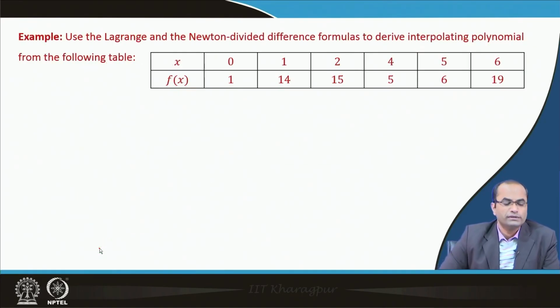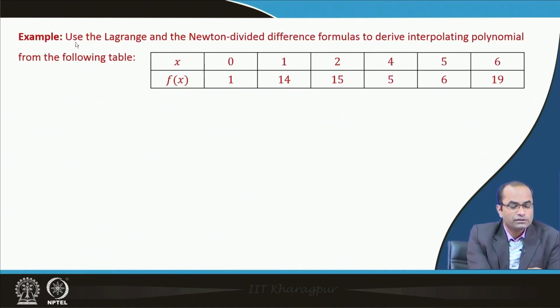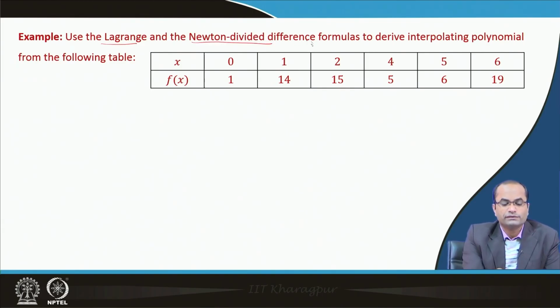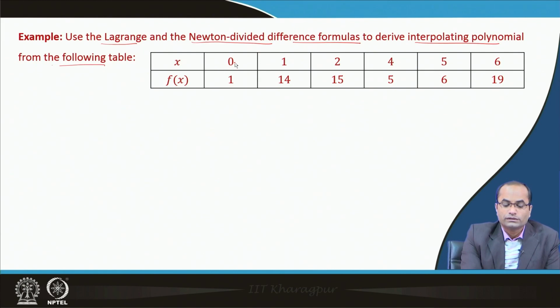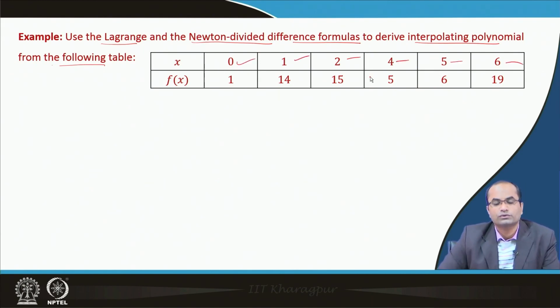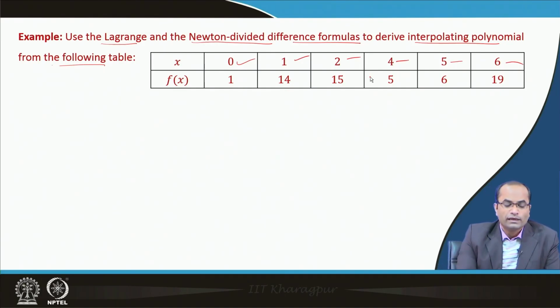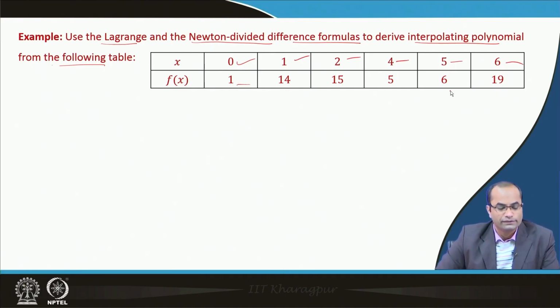One more example, that is the last example now in this lecture. So, we use the Lagrange and the Newton's divided difference formula to derive the interpolating polynomial again from this following table. Now we have more data. We have 6 points 0, 1, 2 and 4, 5, 6, which are also not equidistant, and the corresponding values are given.